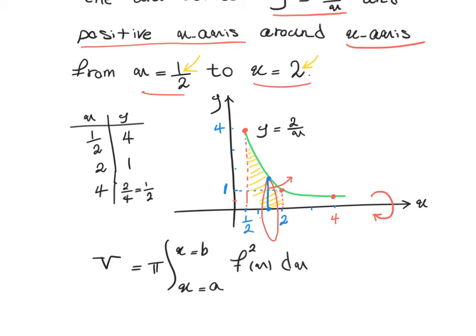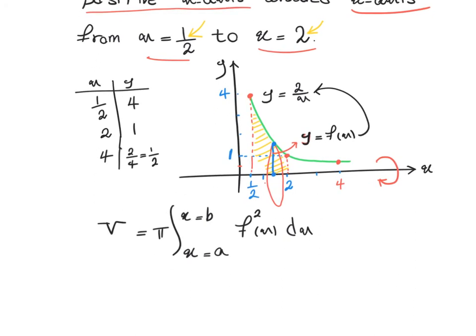This is the radius of the disk, and you see that this is parallel to the y-axis. You're writing y equal to f(x), which thankfully is given to you, which is this one. So we are going to write the equation of volume.